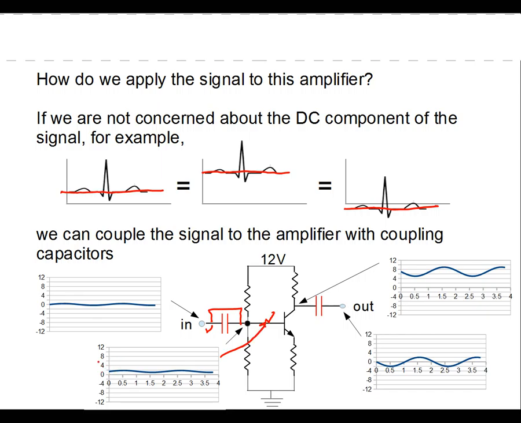And notice what happens. The input is no longer at 0, but is sitting up here. It's oscillating around 1 volt. Now we do the same thing at the output. Notice that the output here is oscillating around about 7 volts, as we talked about before. We put another capacitor here. That capacitor charges to the average difference between them, and so the output would look like it's going around 0. So it looks like we got that by using these capacitors.